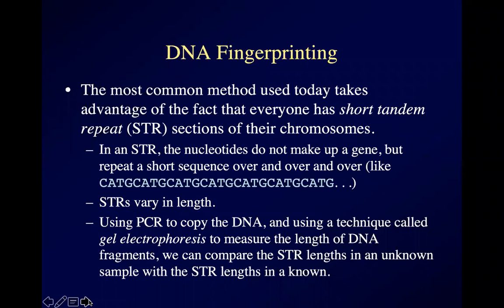There might be an area on one of my copies of chromosome 1 where I've got CATG repeated 8 times. And one of you on your chromosome 1 at the same spot might have CATG repeated 12 times. And another one of you, it might be 6 times.